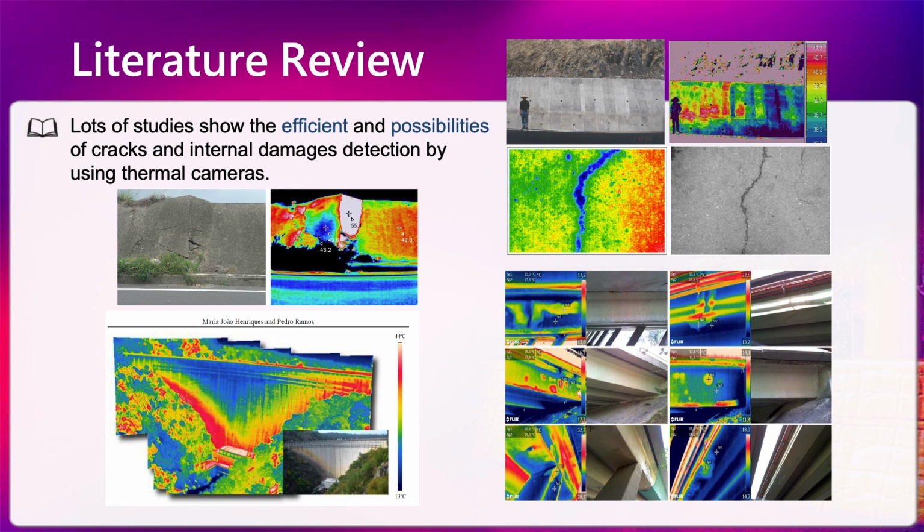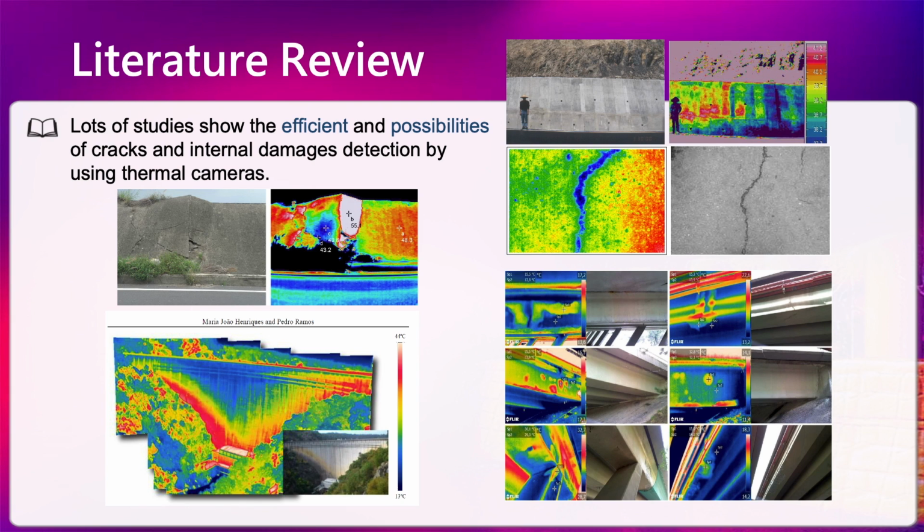From the literature review, we found that there are lots of applications of using thermal images. Most of them focus on the temperature difference whenever there's water present. So we can find out that there's a hidden water body behind the walls, or we can find cracks because of the temperature difference.